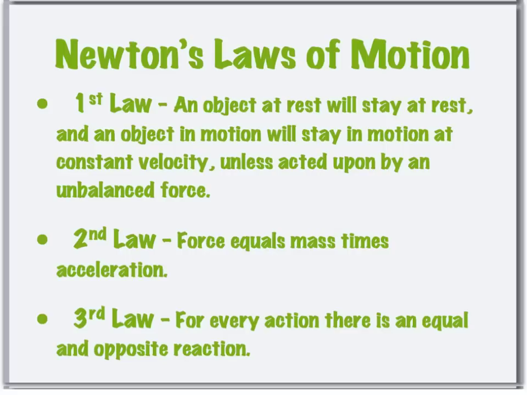So again, an object that's not in motion will stay that way, or an object that is in motion will stay that way unless it's acted on by an unbalanced force. We're going to talk about it in more detail in a little bit. The second law of motion basically says that force is equal to mass times acceleration. And the third law says that for every action, there's an equal and opposite reaction.